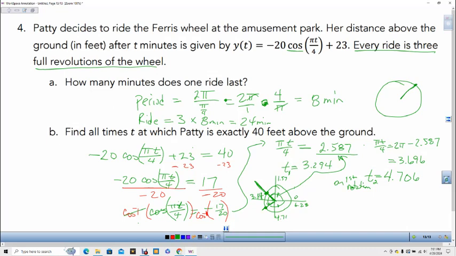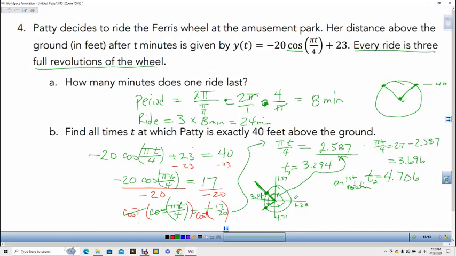At 3.294, they're going to be right there, and that's where the height is 40. And then they're going to rotate on up to 43, and then come back down to 40 right here, and that's going to be at time 4.706. And then from here it's going to be 8 minutes, and they're going to be back around at this one again for the third rotation.